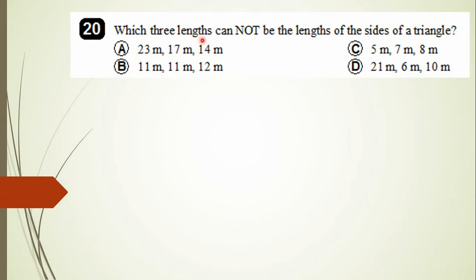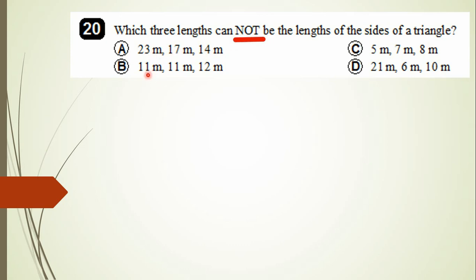Which of the three lengths cannot be the lengths of the sides of a triangle? Number 1. The smallest two sides are 17 and 14. Their sum is 31. Greater than the third one? Yes. Can be. I need cannot.